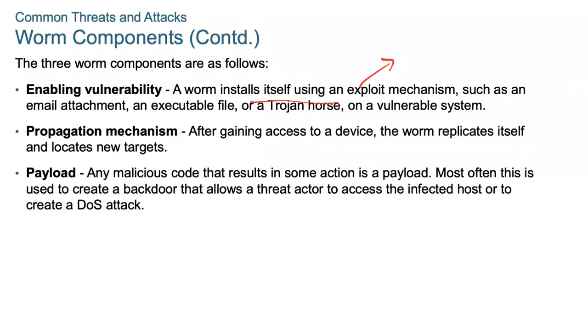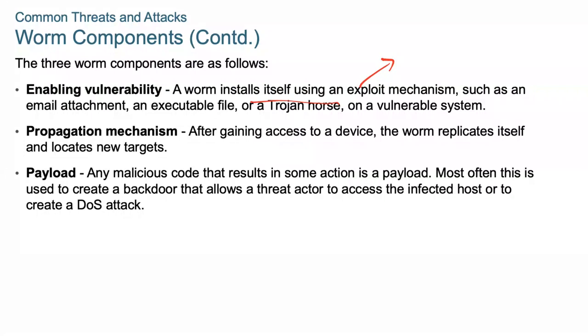First, they try to gather information on what ports are open on the server. If the FTP port or your SSL ports or your SSH ports are open, then the attackers use this worm component.